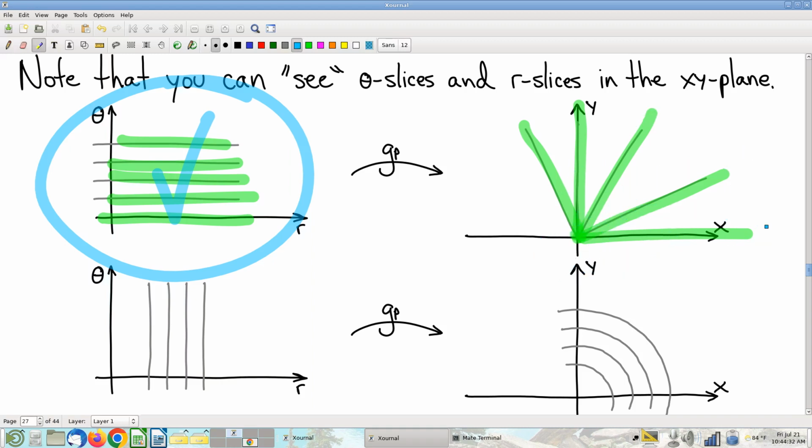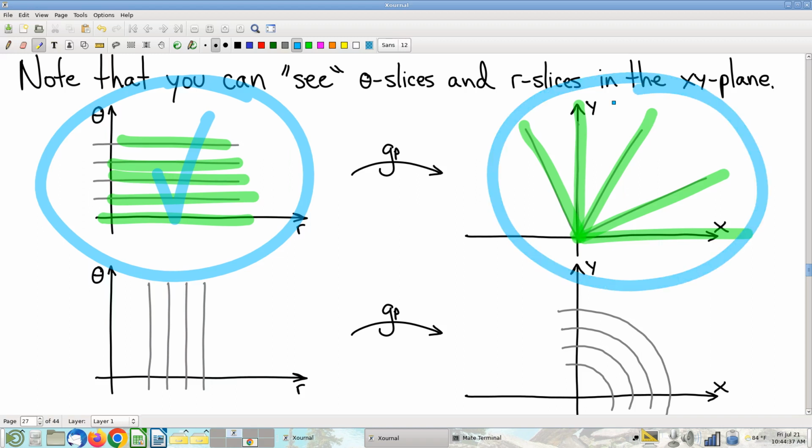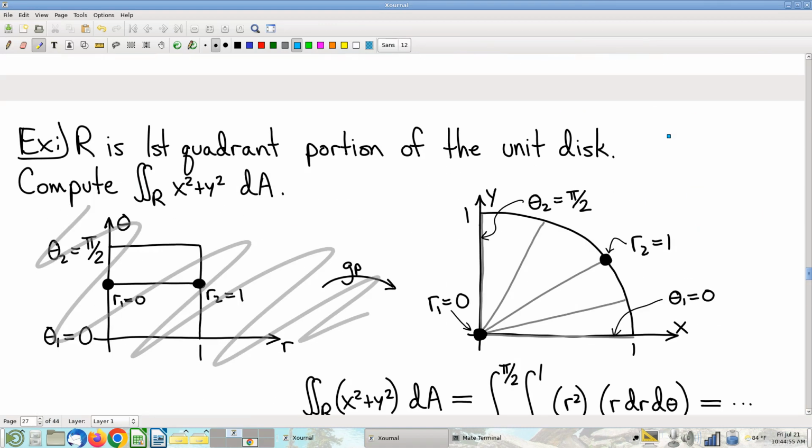So very convenient, as it turns out, to do your theta slicing instead of drawing a whole new picture over there and geometrically toughing your way through finding what the pullback domain is. Just do your theta slicing like this in the xy plane. No new picture required.